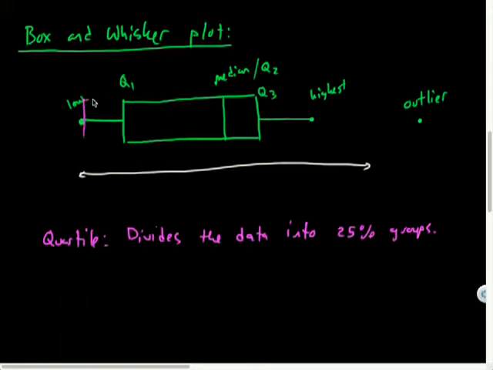Each of these areas has 25% of my data, 25% here, 25% here, and 25% here, ignoring the existence of outliers. Let's write that down: 25%, 25%, 25%, and 25%. Notice what that does for me: visually I see where my data is densely populated.